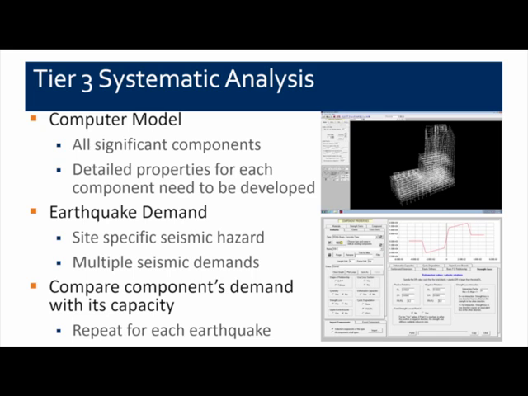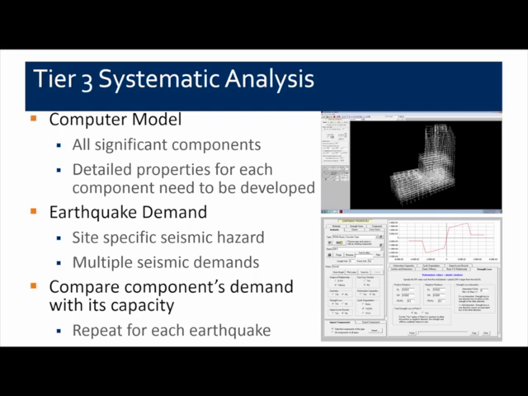So this systematic analysis is going to usually require a computer model considering all the significant components of the building. Detailed properties are going to need to be input, and you're going to usually look at demands that are site-specific for the building, and you usually have to consider multiple seismic demands, multiple types of earthquakes, a lower level potentially of earthquake and a more extreme earthquake.